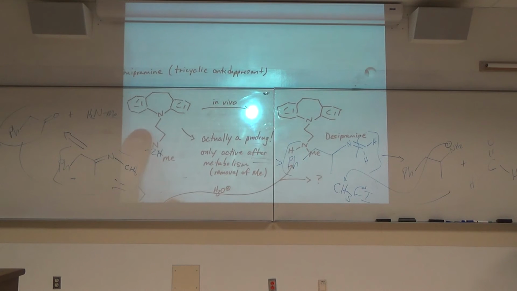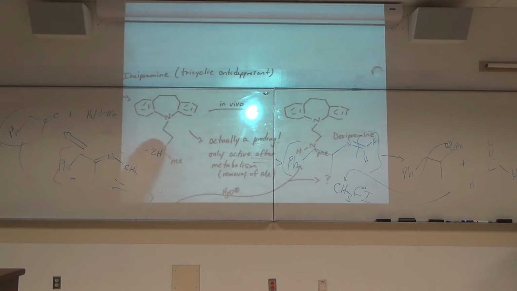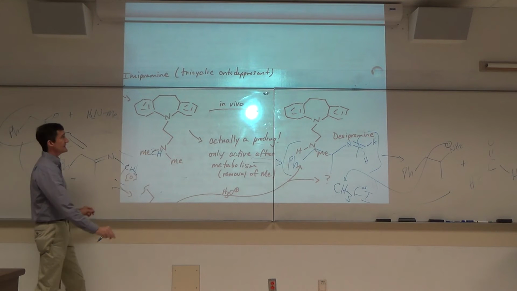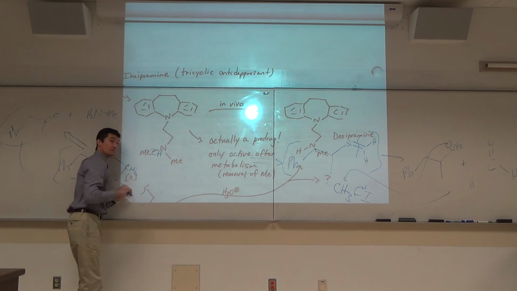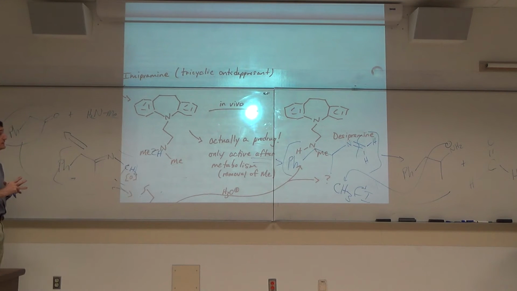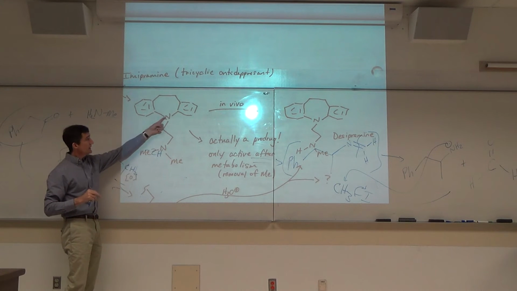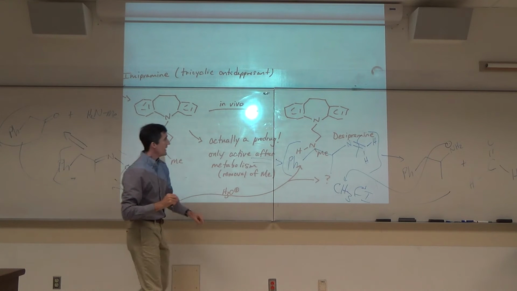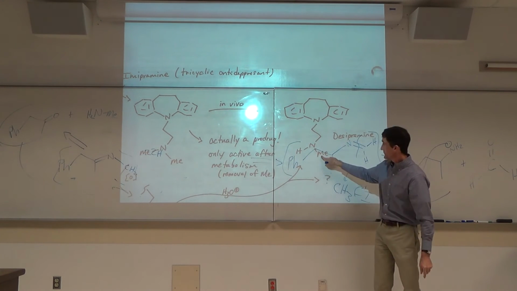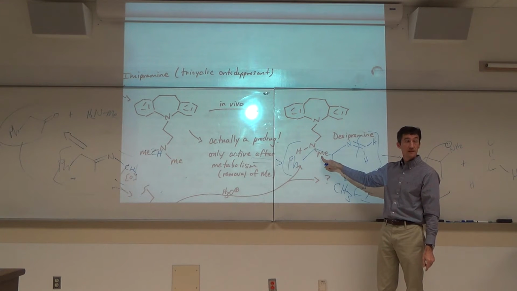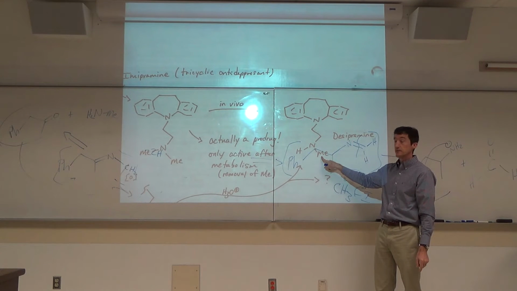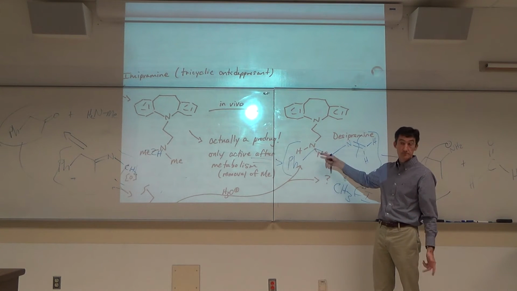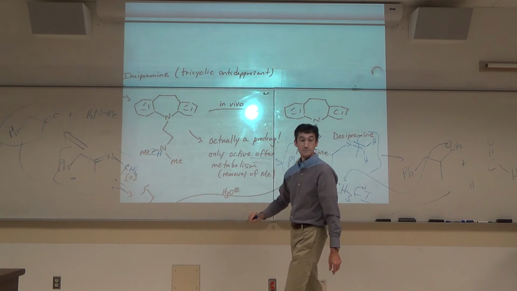Imipramine, here's just another example. It's a tricyclic antidepressant. It's tricyclic because it's 1, 2, 3. Tricyclic. It's got this nitrogen here, but this is sort of a basic side chain. It's dimethyl. But in the body, one of the methyls is removed. It's demethylated or dealkylated. Well, guess how? Oxidation.